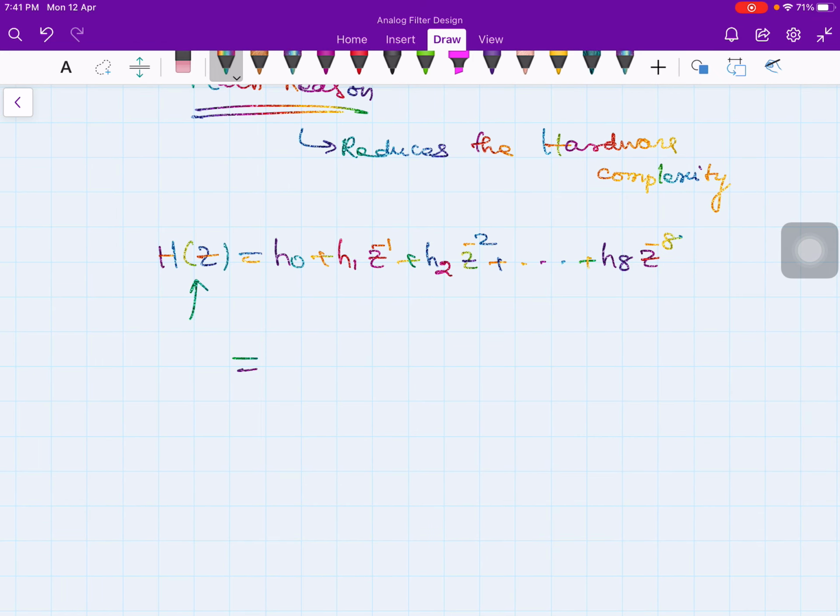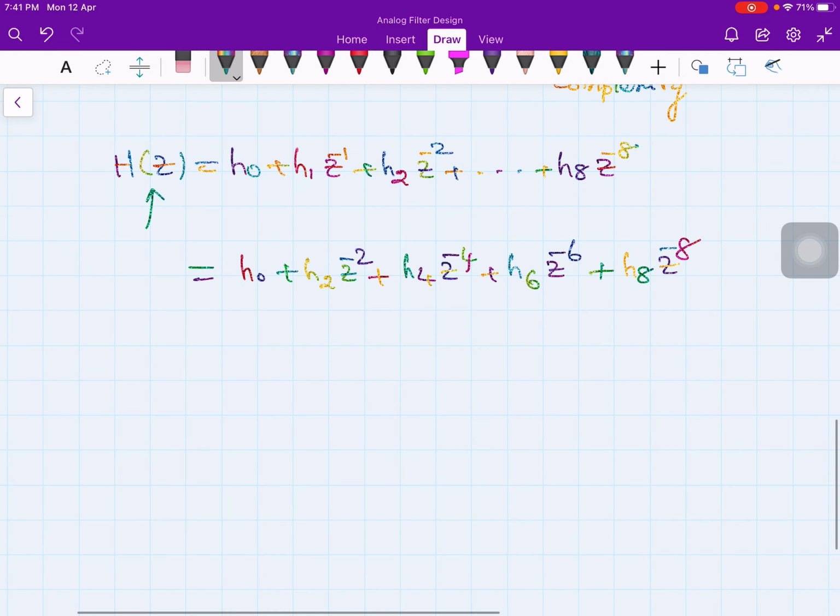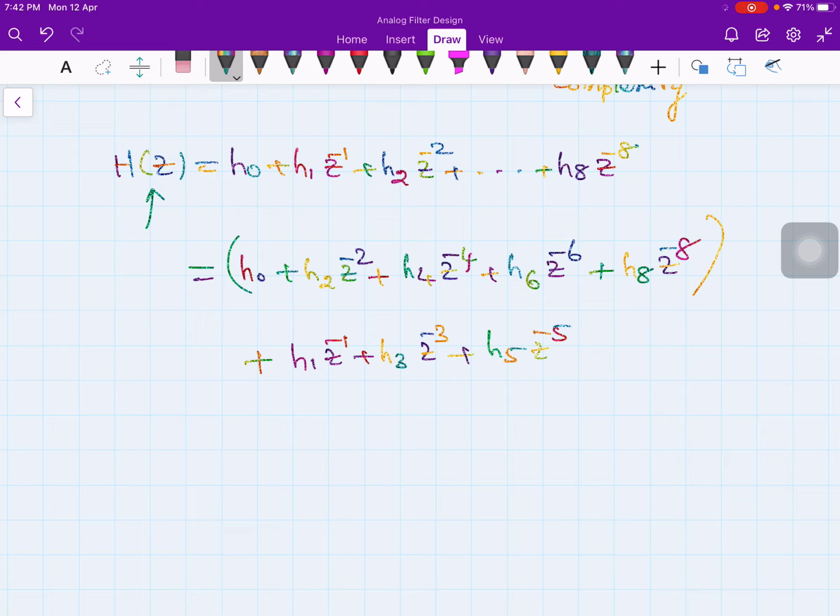So let me take h0 and then h2 z to the minus 2 plus h4 z to the minus 4 plus h6 z to the minus 6 plus h8 z to the minus 8. Plus then take remaining terms h1 z inverse plus h3 z to the minus 3 plus h5 z to the minus 5 plus h7 z to the minus 7.